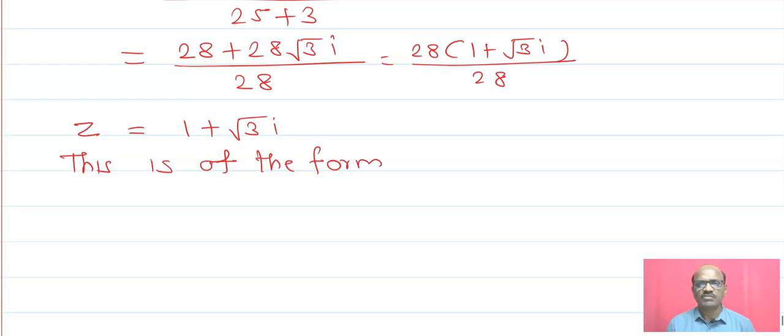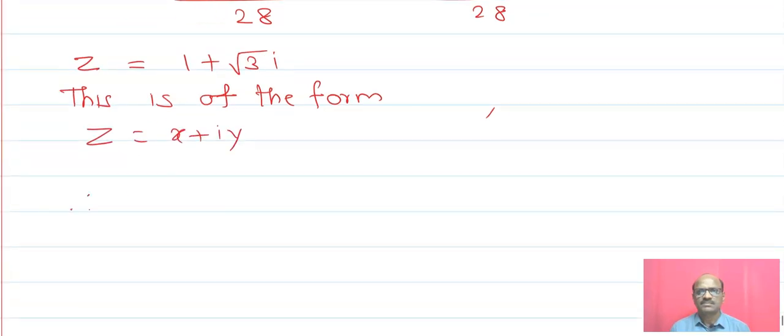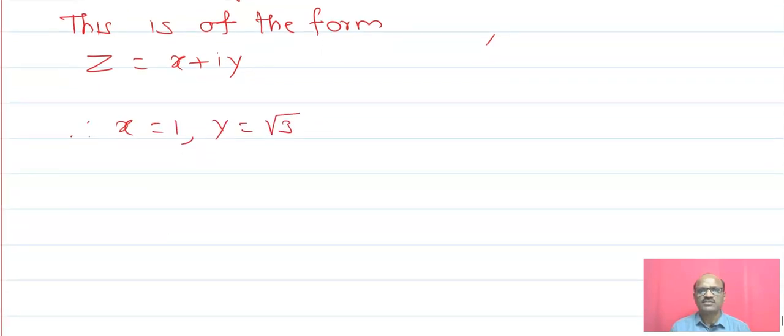This is of the form a plus ib, or Z is equals to x plus iy. Therefore, x is equals to 1 here and y is equals to root 3. Now this point lies in the first quadrant.